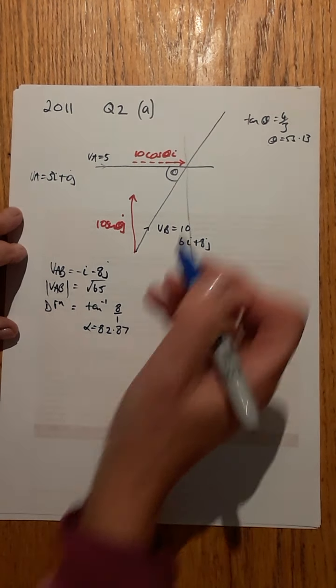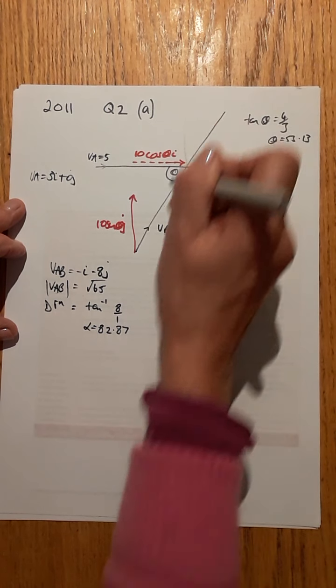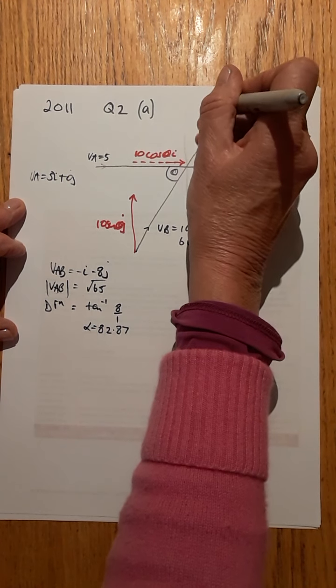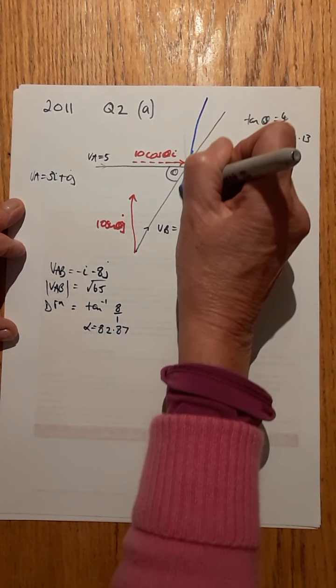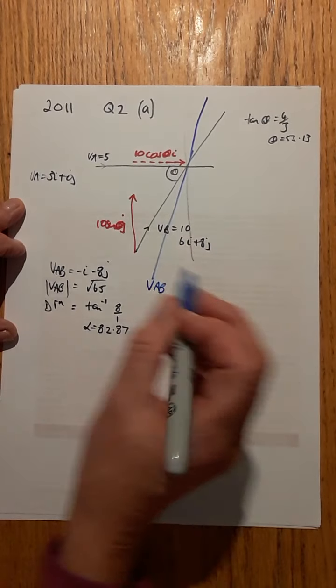Which means if I want an angle of 82.87, it's going to be bigger than 53.13. So it will be this kind of thing. This is where you need a nice big diagram. So this will be your VAB.